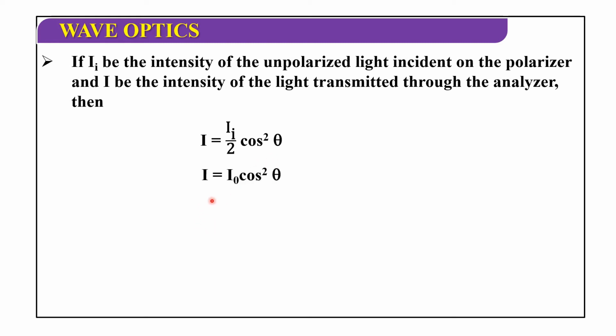So from this, I by 2 is nothing but I naught, so I is equal to I naught cos square theta. Here I naught is equal to I by 2.